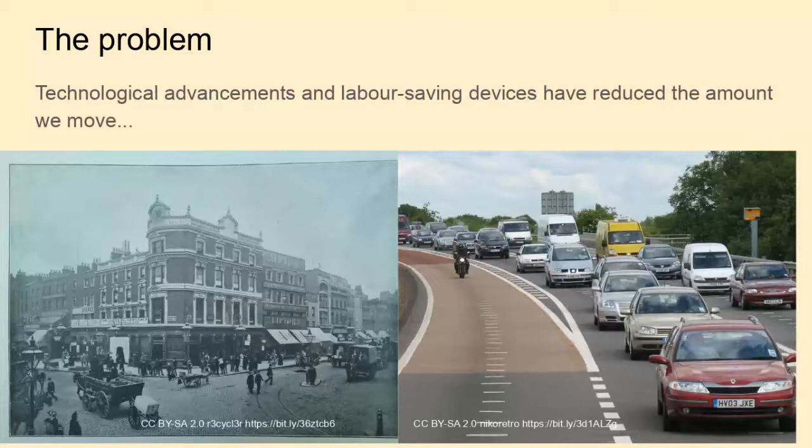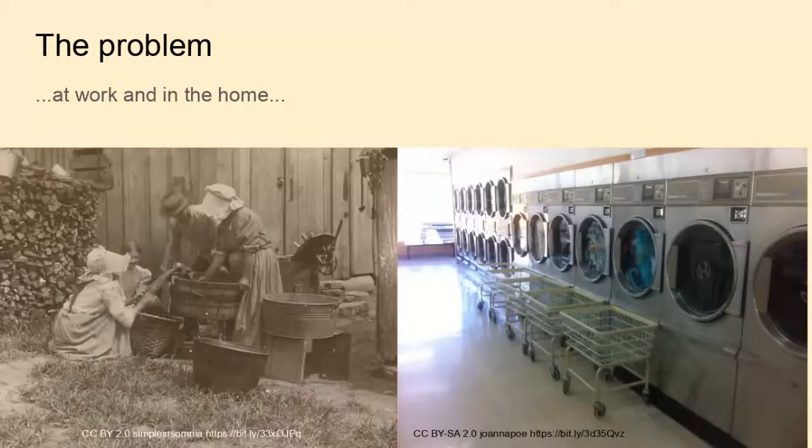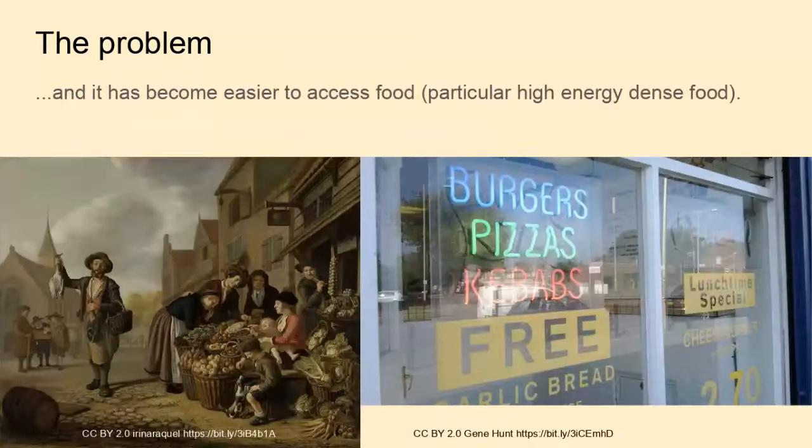This is in the case of transport, at work, and in the home in terms of housework. The changes brought about by the Industrial Revolution and the Cyber Revolution have been unprecedented in the history of humans. And so it's obviously easier to access food, in particular food that's quite high energy dense.